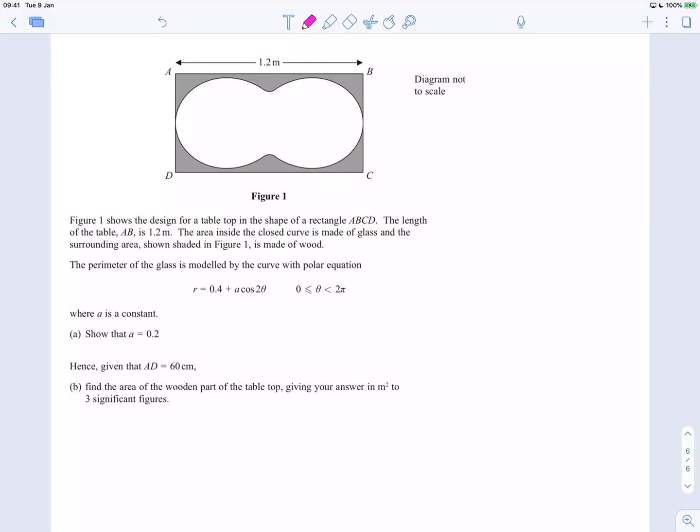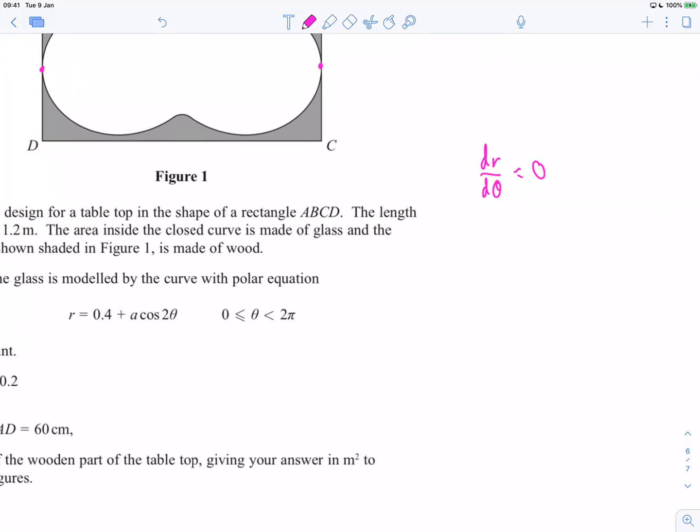Okay, I am going to assume, even though it's not said in the question, that these points here and here, the glass and the wood just touch. So what I want really is to find a maximum, dr by d theta, and set that equal to 0.